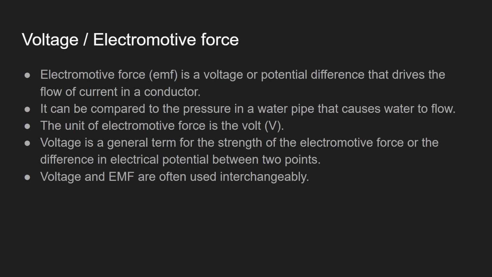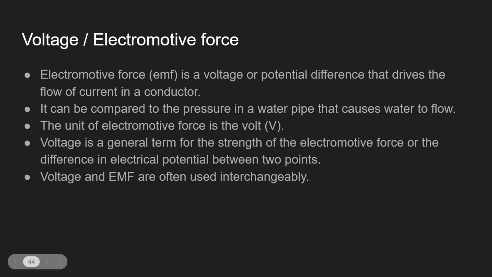EMF drives the electrons, or the current, in a conductor. We will use an analogy of water to explain voltage, current, and resistor once again. The higher the voltage, the stronger the EMF. In other words, if you apply a higher voltage on the conductor, the electrons will flow faster, which makes a greater current.